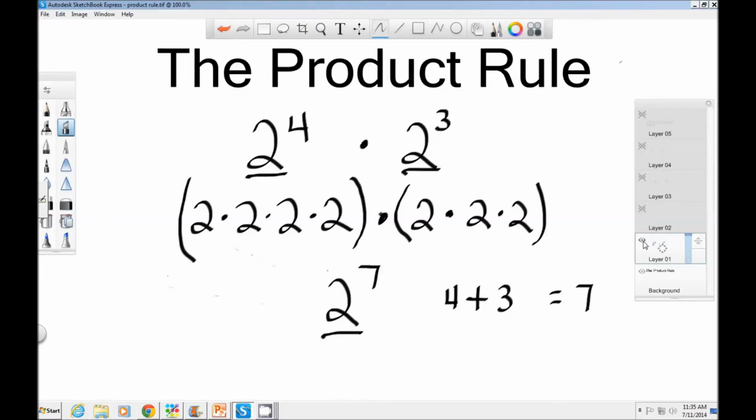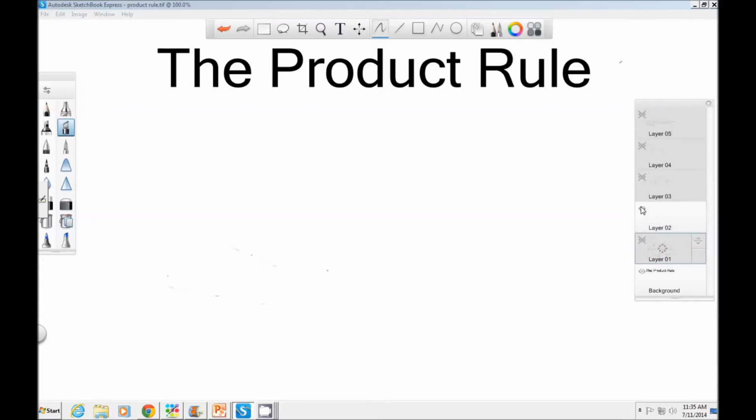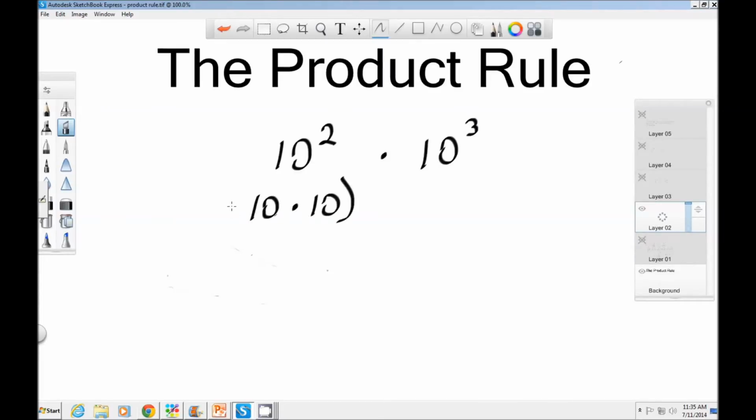Let's go ahead and talk about our second example. If you want to think about the second example, you can. It is 10 to the 2nd power times 10 to the 3rd power. If you want to try the shortcut out, you can. But really, 10 to the 2nd power is 10 times 10, and we're going to multiply that by 10 to the 3rd power, which is 10 times 10 times 10.